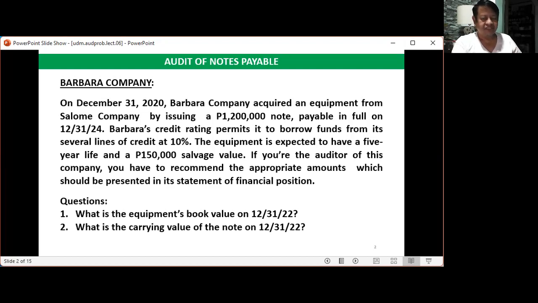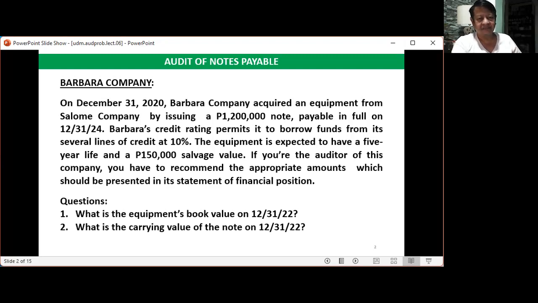The equipment is expected to have a 5-year life and a 150,000 pesos salvage value. If you are the auditor of this company, you have to recommend the appropriate amounts which should be presented in the statement of financial position.